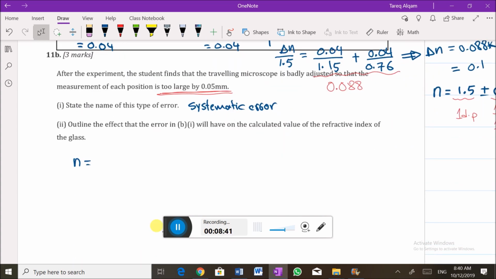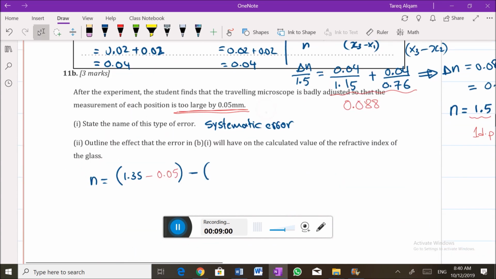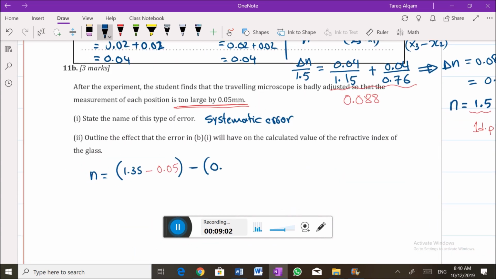So this becomes, be careful, 1.35 minus 0.05, the systematic error, minus 0.2.